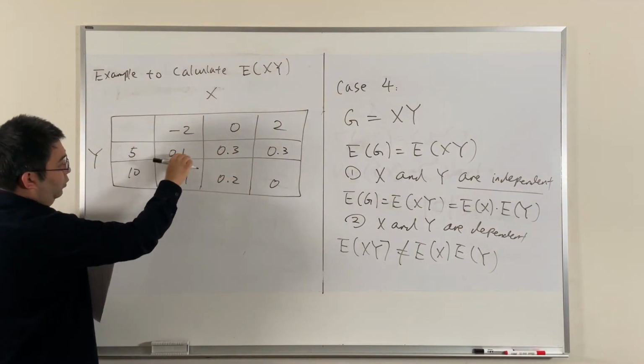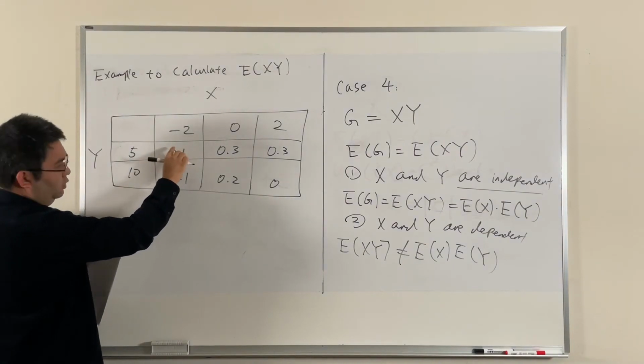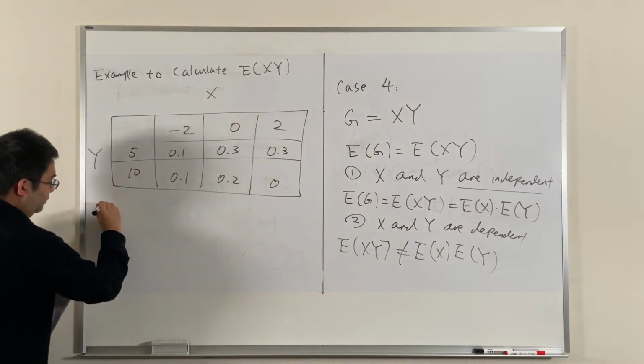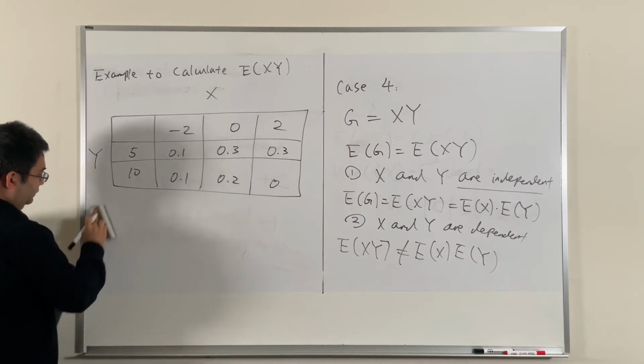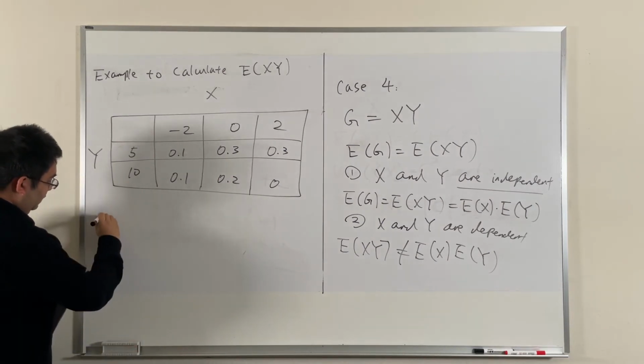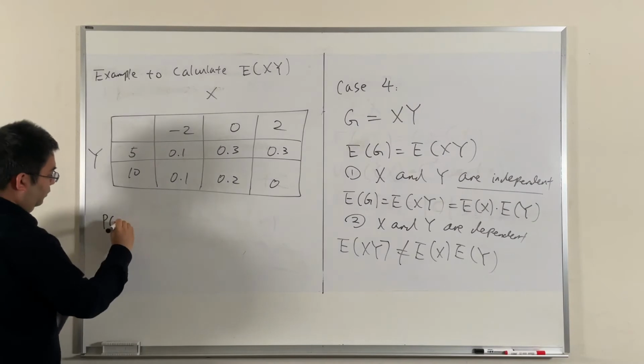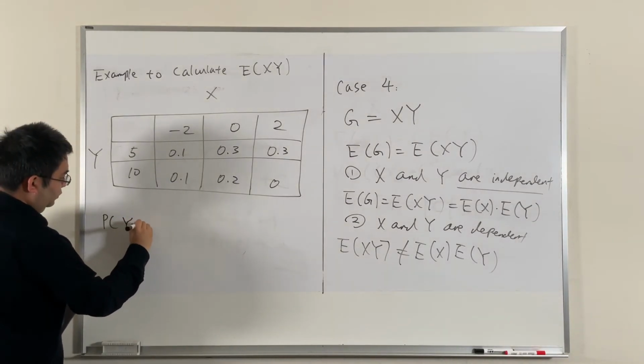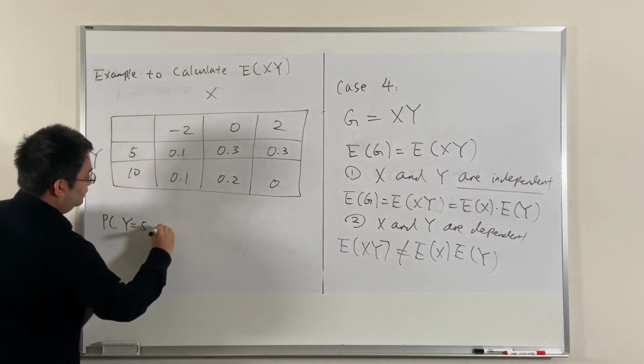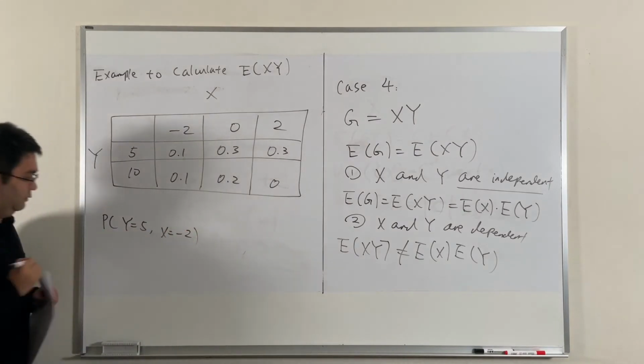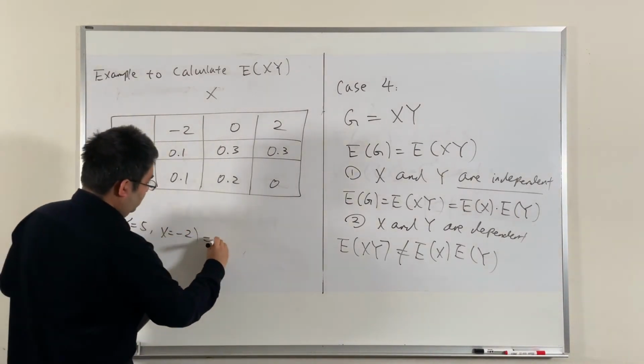Let's focus on 0.1. What does 0.1 here mean? It means the probability of y equals 5 and x equals -2 equals 0.1.